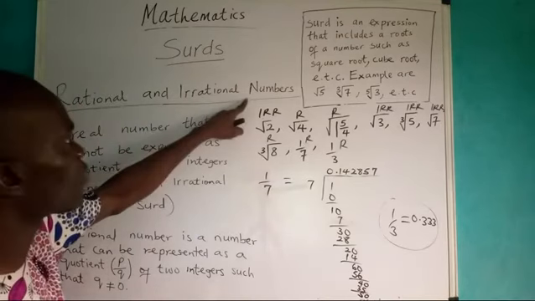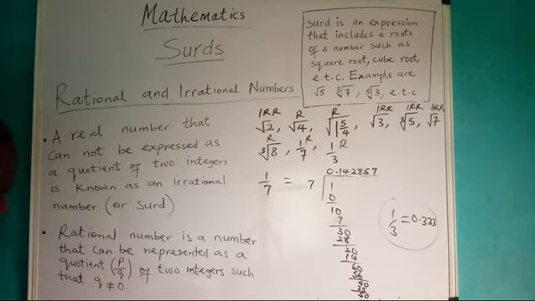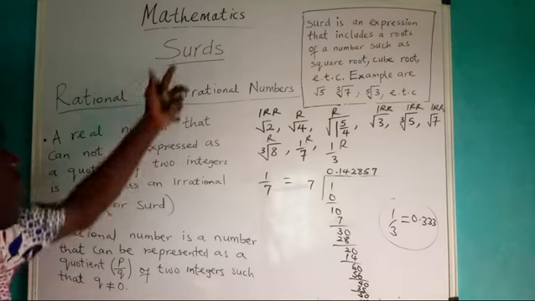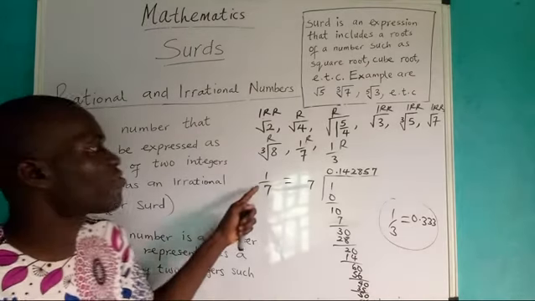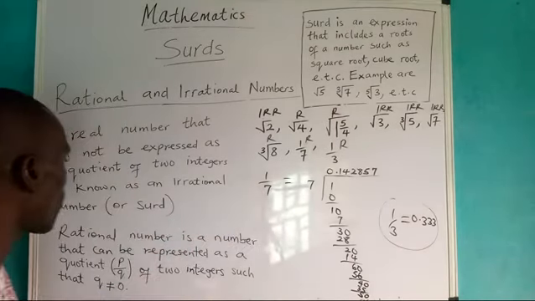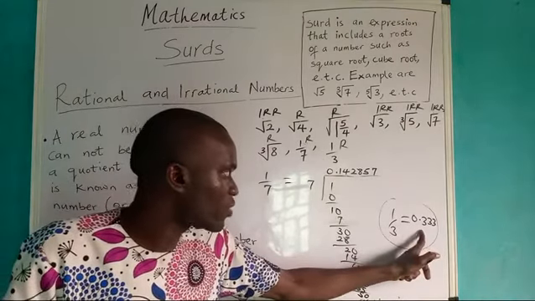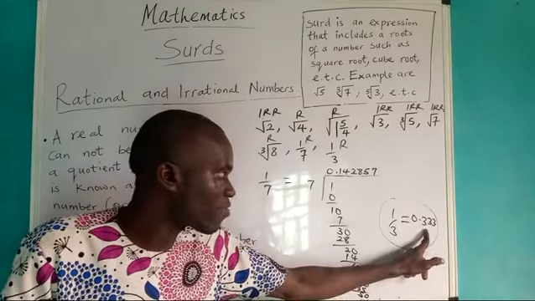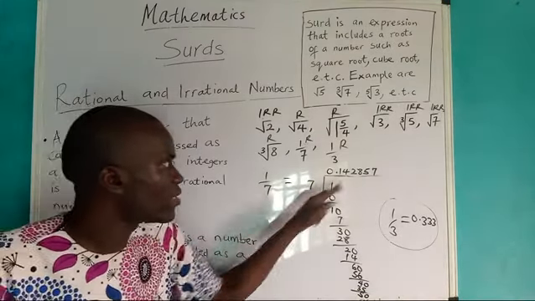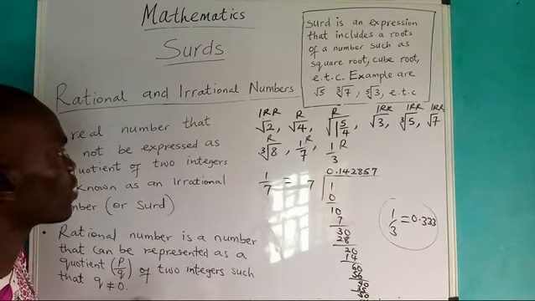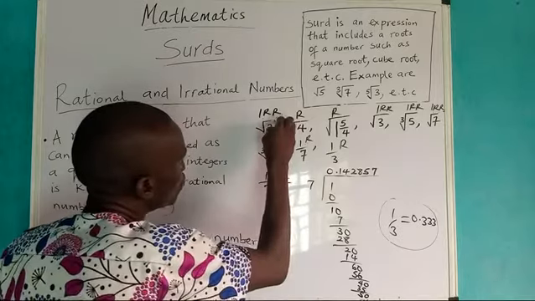It is irrational numbers we are going to discuss in this topic, meaning numbers that are difficult to express in form of a fraction or a decimal fraction.